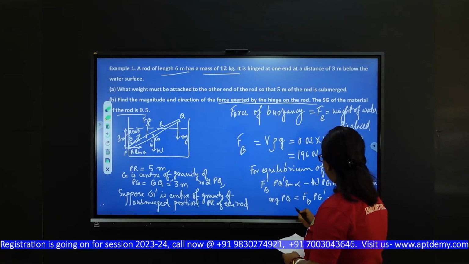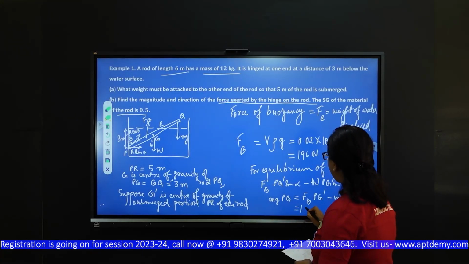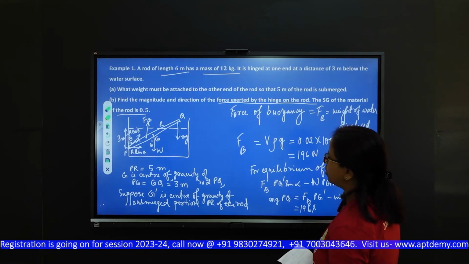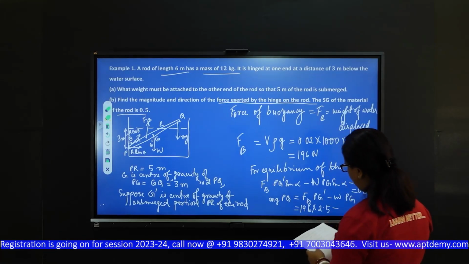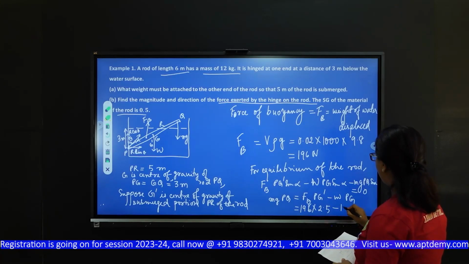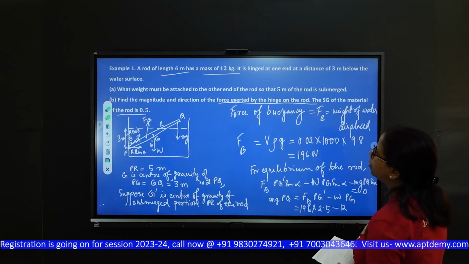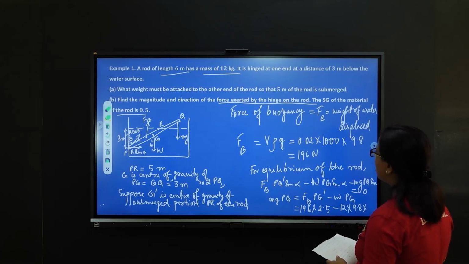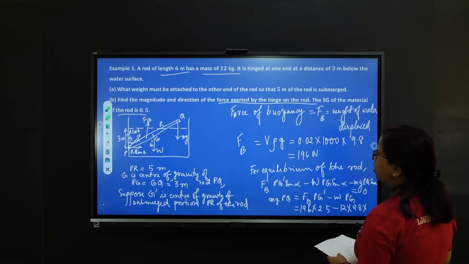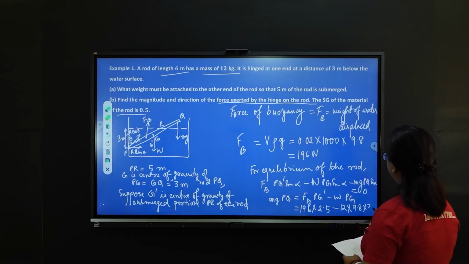Let's put in the values. We have FB as 196 Newton, PG dash, that's equal to 2.5 minus W, which is the mass of the rod multiplied by the acceleration due to gravity, 9.8, and we have PG coming up, that's 3.